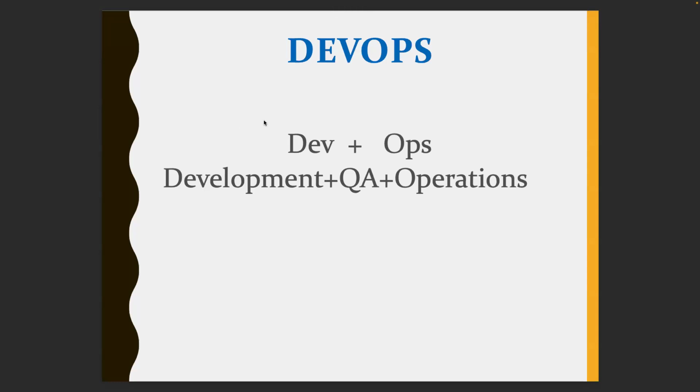DevOps is a combination of two terms, development and operations. What is a development team and what is an ops team? This is a pretty basic question, and I'm sure you can all answer this. Let me get started with this.